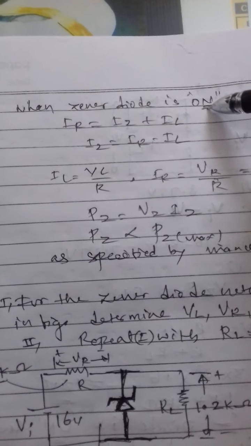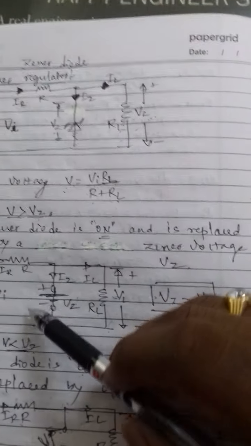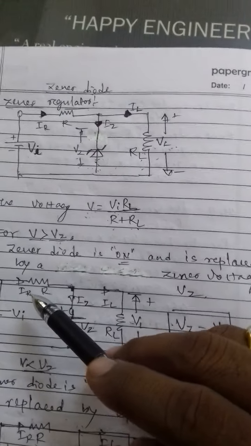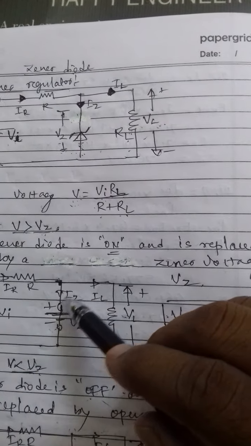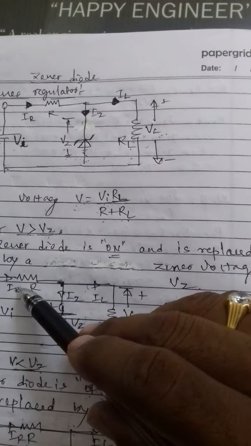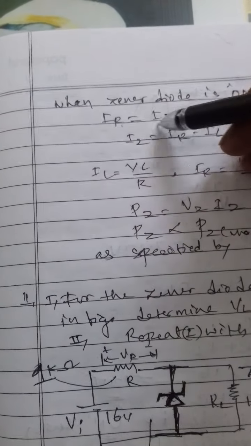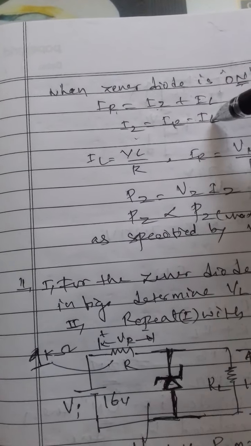Now, when the Zener diode is under the on condition, if KCL is applied at this node, only the current IR enters the node, and the currents IZ and IL leave the node, so that IR is equal to IZ plus IL, and IZ is equal to IR minus IL.